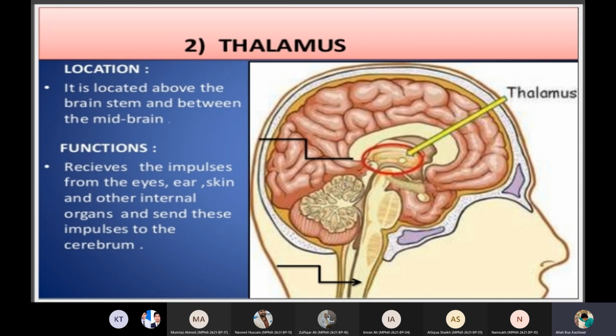The messages are communicated to the thalamus, and these impulses are transmitted to the cerebrum, so that the action or response may be given by the brain.